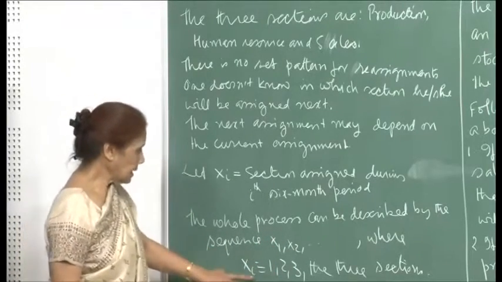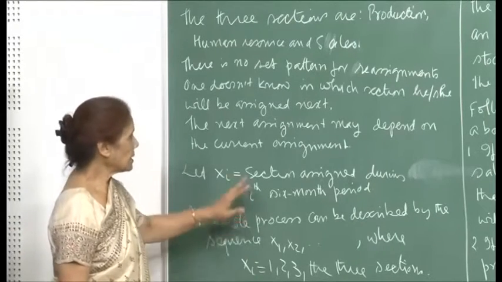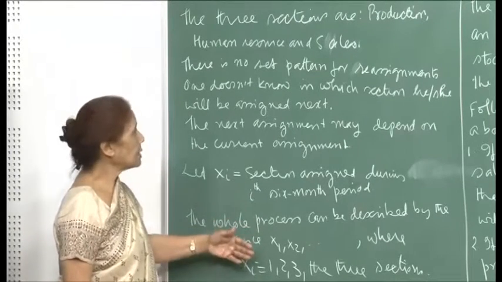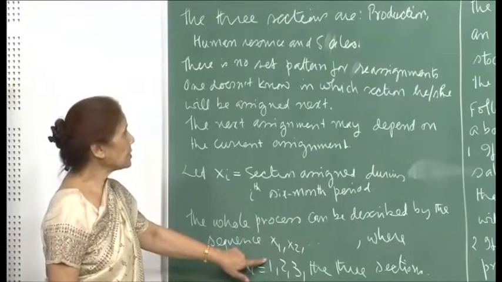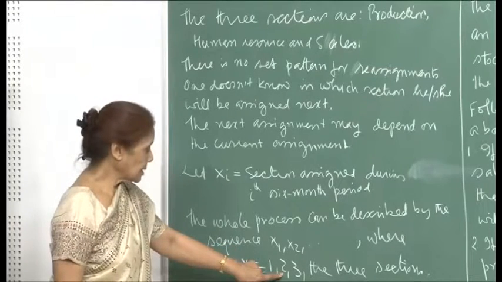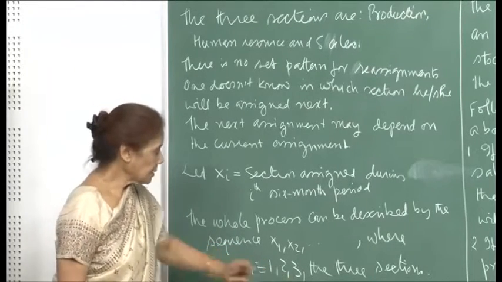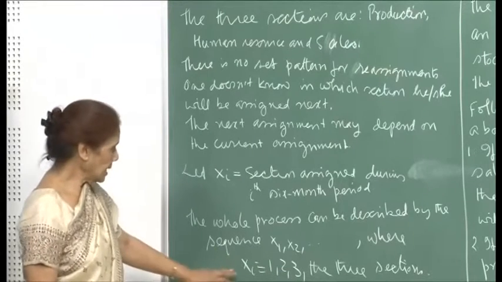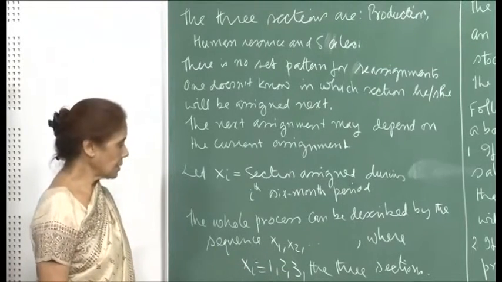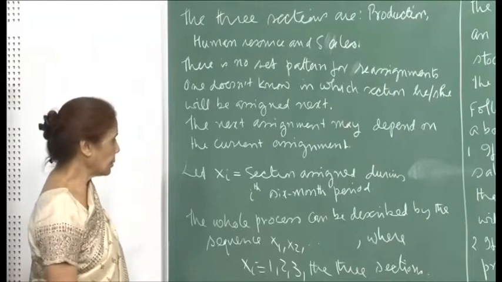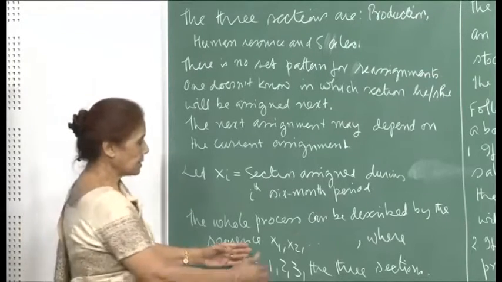And of course, xi can take the possible values. Let us number the 3 sections. The first section is production, second section is HR, human resource, and the third is sales. So, xi can take 3 possible values.